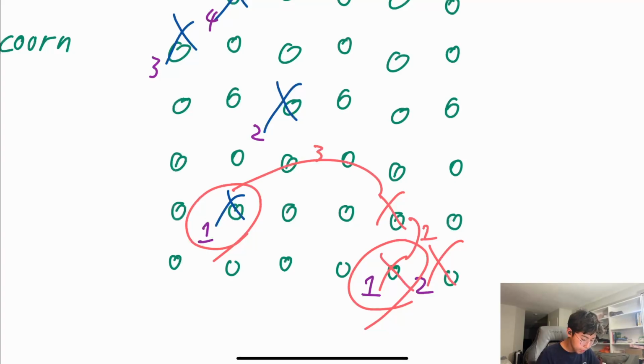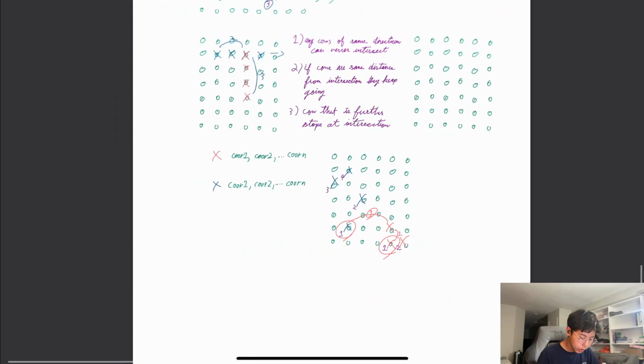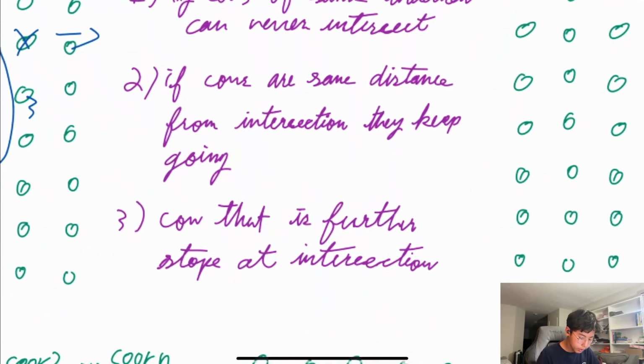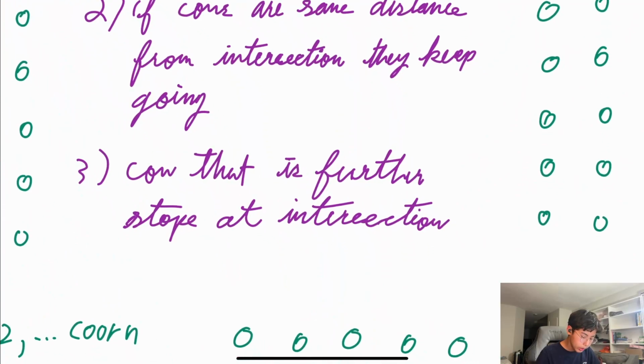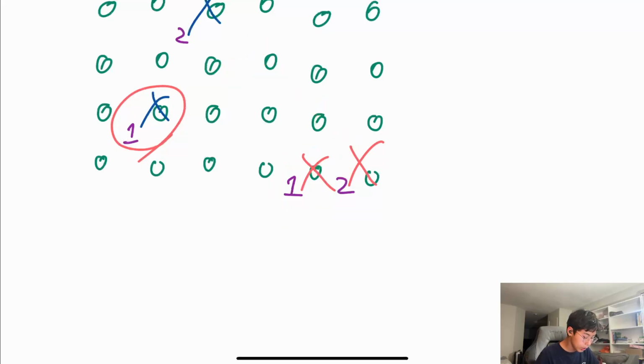Obviously, this one is greater, right? So if you look at this here, the cow that is further stops at the intersection. So cow 1 here would stop. Okay, fair enough. It goes here and stops. And cow 1 could keep going.